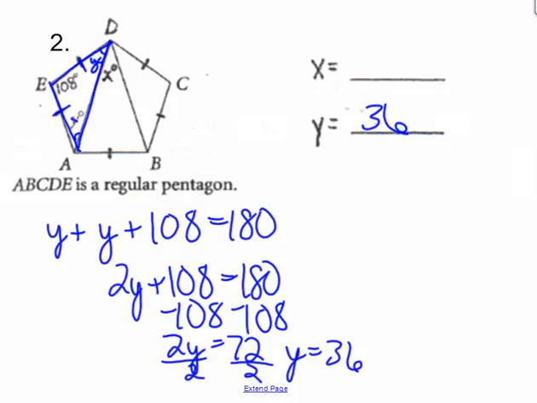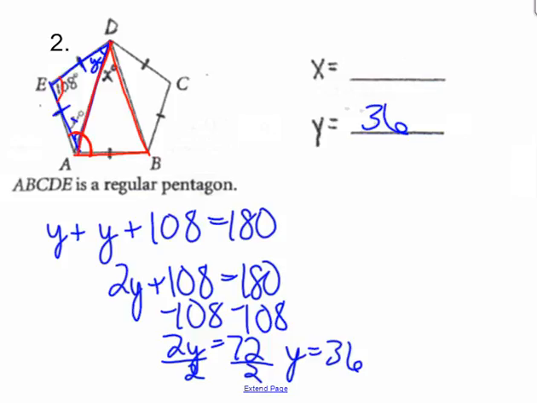Now I found y first, because if I look at the triangle that x is in, there's not much information. There's just the x. So what I'm going to do is realize that this is a regular polygon, so all the sides are the same. That forces all the angles to be the same. So this whole angle right here is going to be the same as 108.